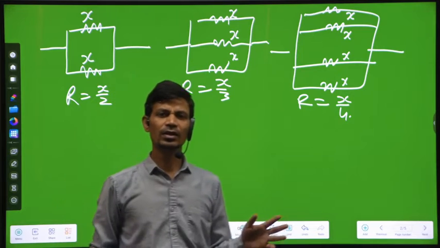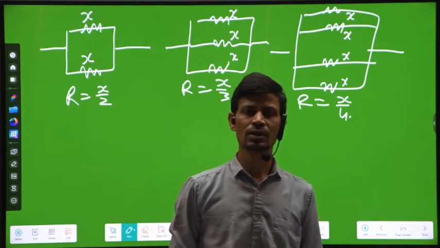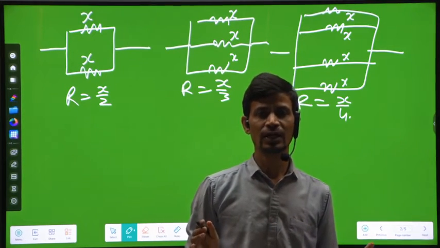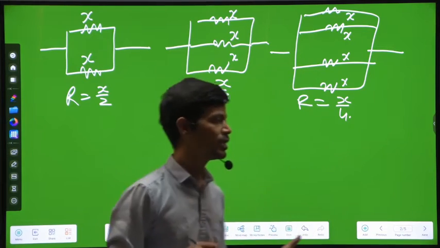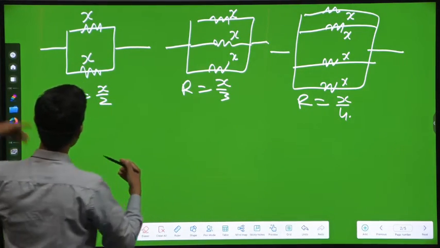It means if there are a number of resistors of the same value connected in parallel combination, you can directly write this.